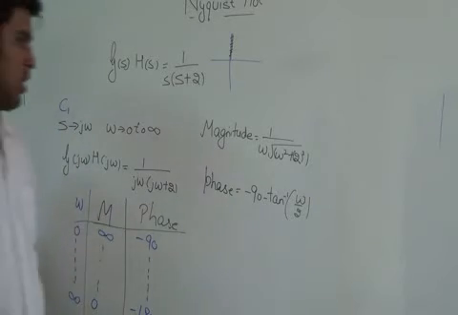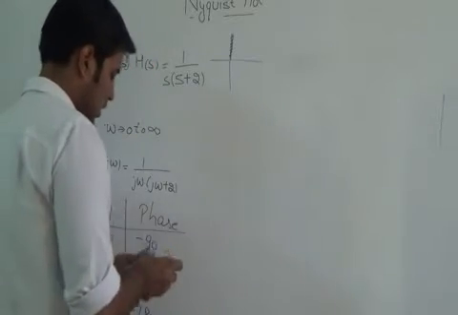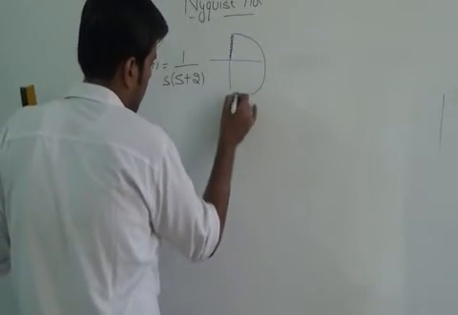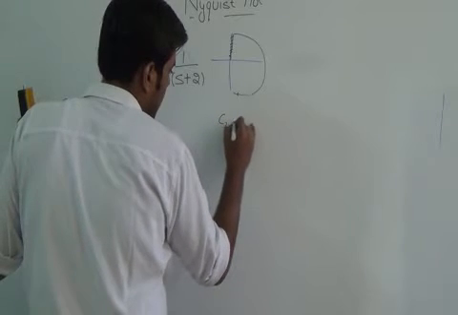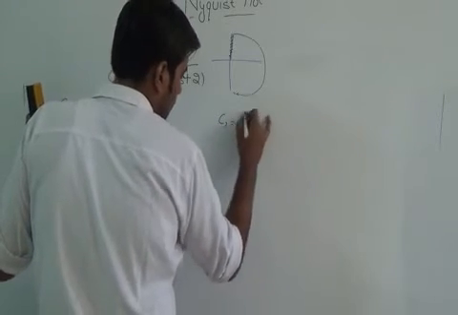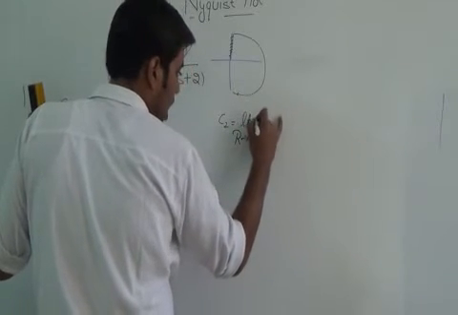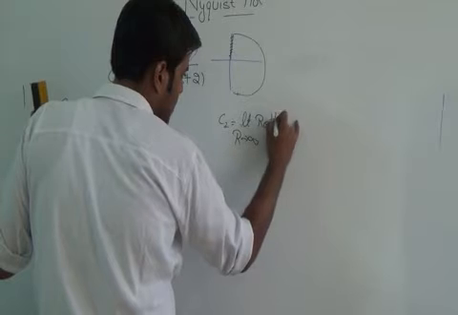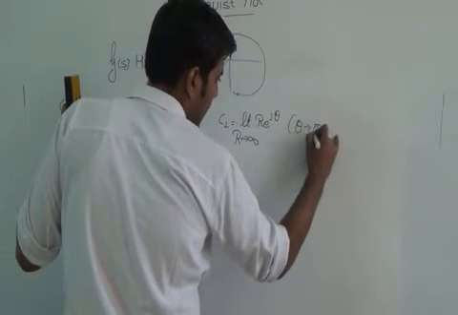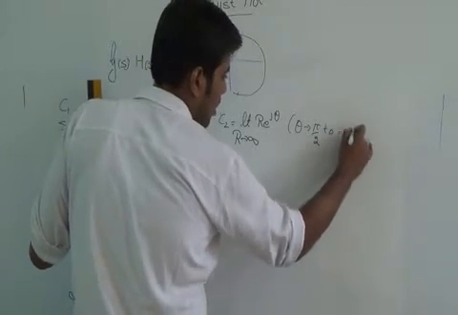Now we will do calculation for C2. C2 was this circle. C2 is R, limit R tends to infinity, R e raised to the power j theta, where theta goes from pi by 2 to minus pi by 2.